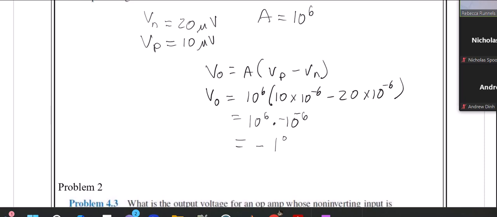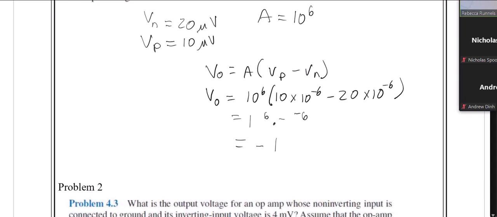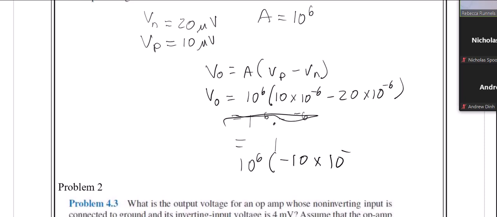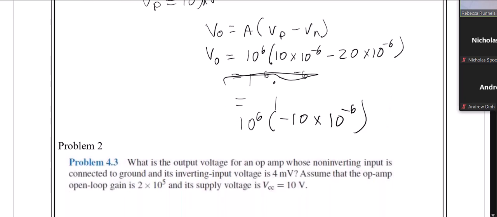I must have made the same mistake. Look, it's 10 times 10 to the negative 6. So this is 10 to the 6 times, yeah, this is minus 10 times 10 to the negative 6. You have to look at what's in front. And so now this is minus 10 times 10 to the 0, which is minus 10.